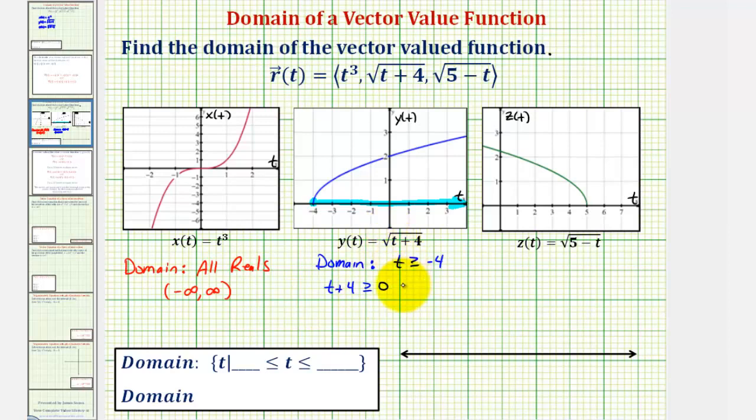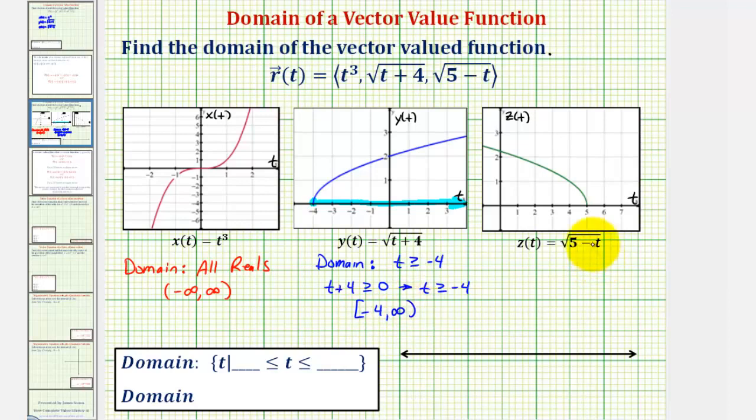So if we solve this for t, notice how again we'd have t is greater than or equal to negative 4. Using interval notation, we'd have the interval from negative 4 to infinity, where the interval would be closed on negative 4 and open on infinity.